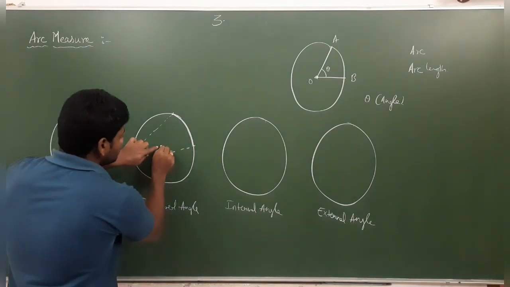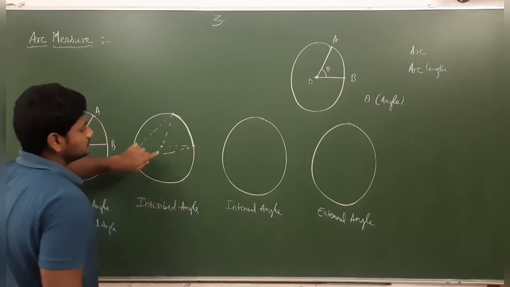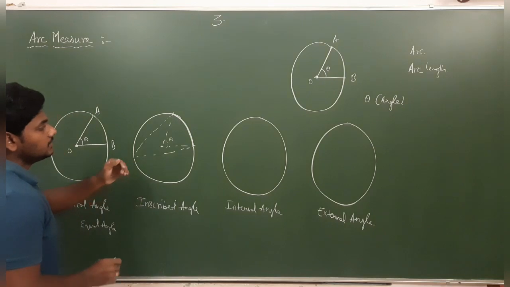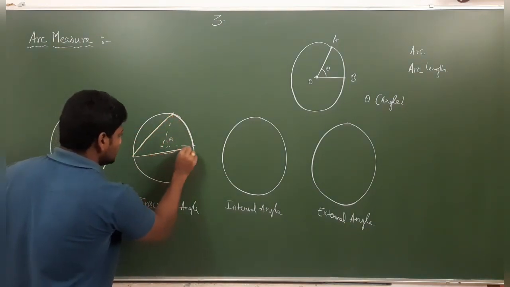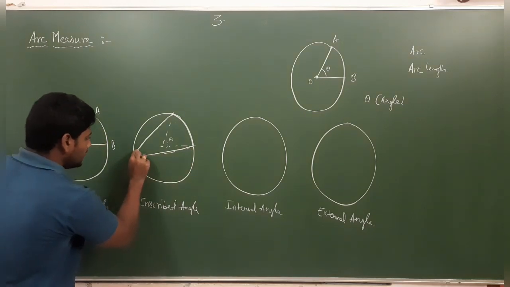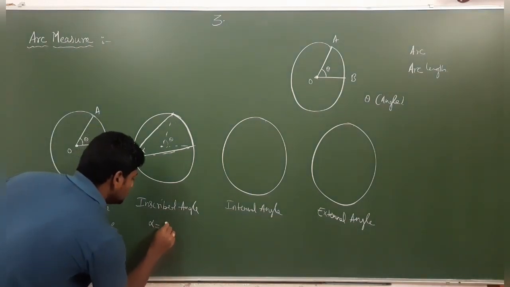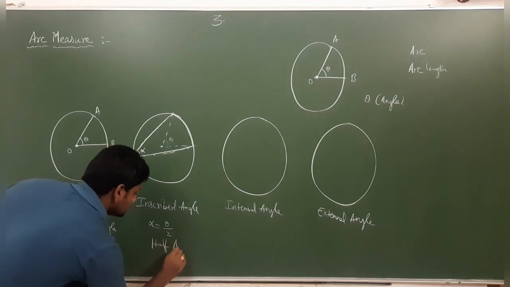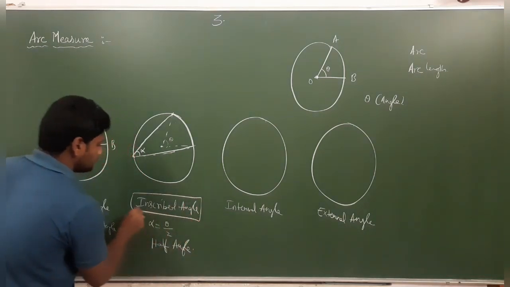For example, if the central angle is theta, then after extending to the other edges, the angle formed here, if I consider it as alpha, is equal to theta by 2, nothing but half of the angle. This is nothing but the inscribed angle.